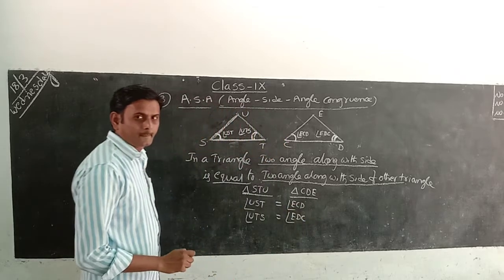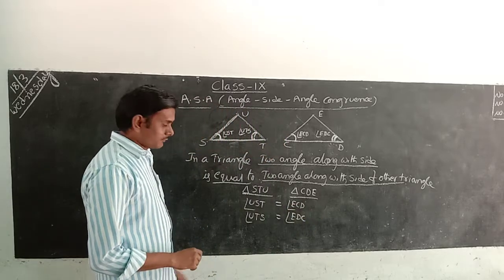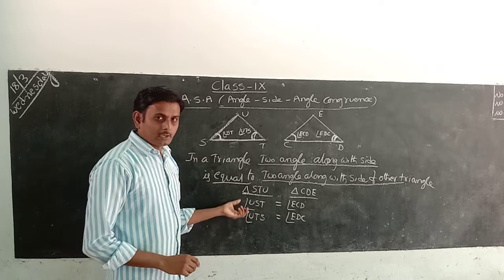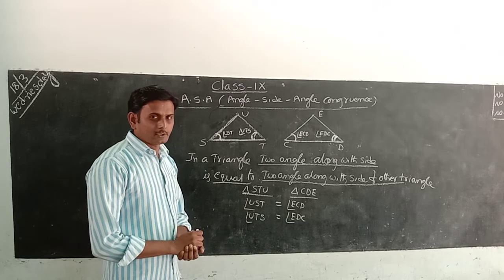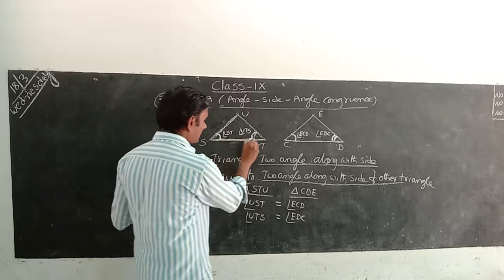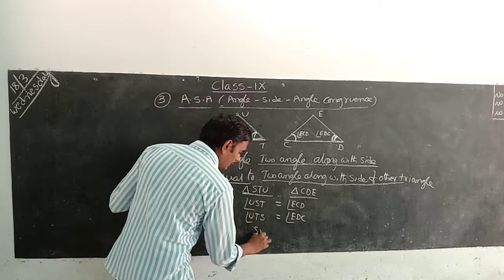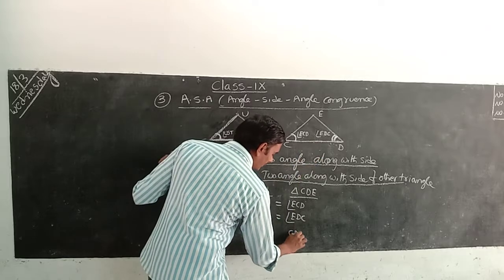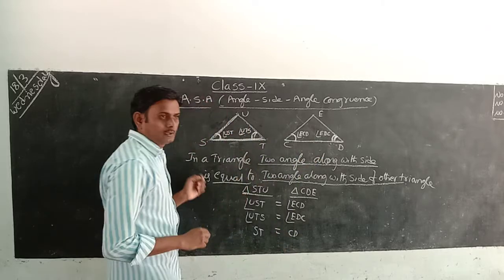Next, two angles we consider, along with these two angles, the side we have to consider. The angle along with the side. This is available, ST, and this side CD is available. That means these two sides are equal.